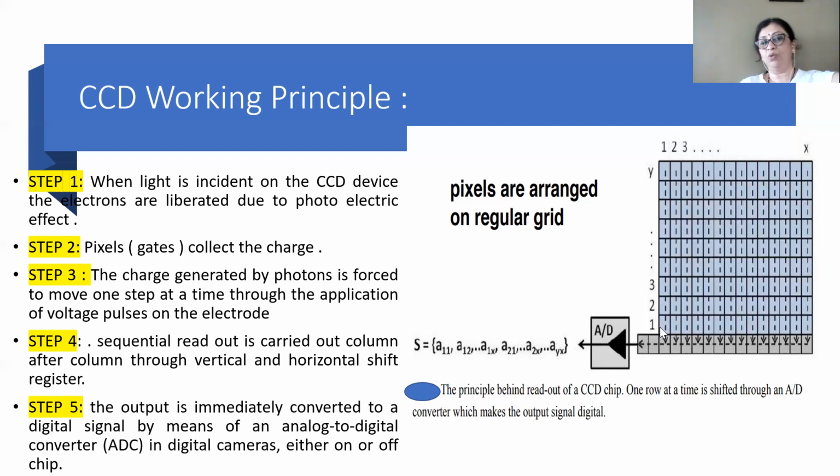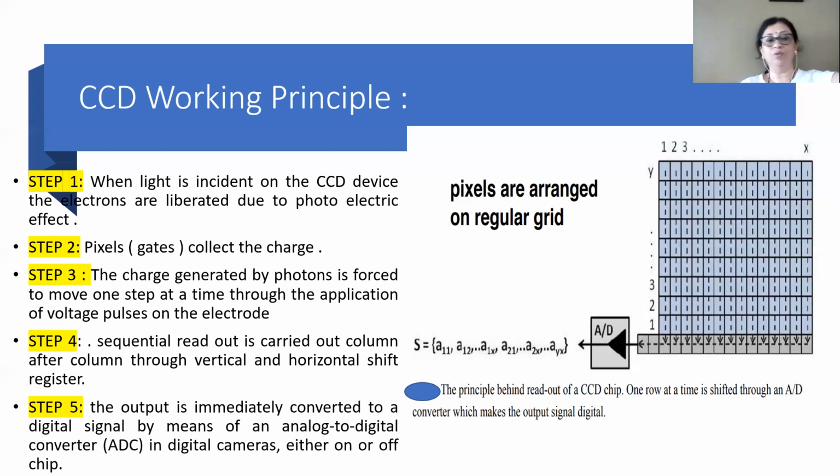Similarly, row number 2 will be shifted to 1, 3 will be shifted to 2, like this. The shifting of the charge will be carried out, and when the charge is present in the horizontal register, it is immediately converted into a digital signal by means of analog to digital converter.